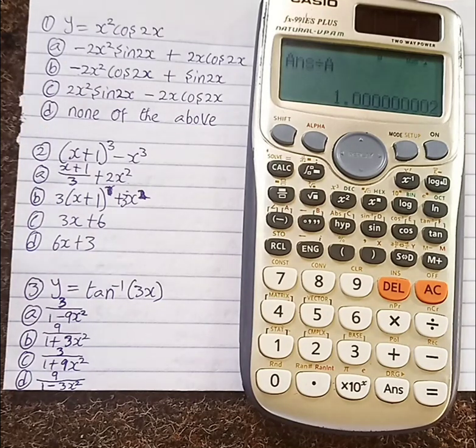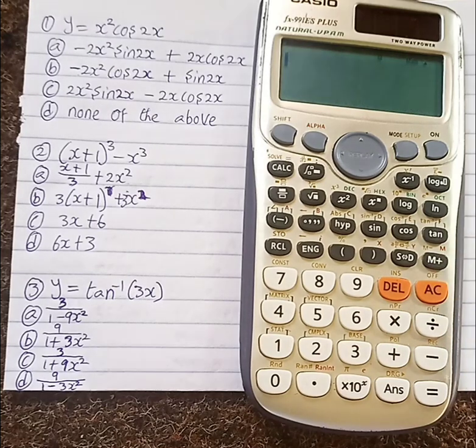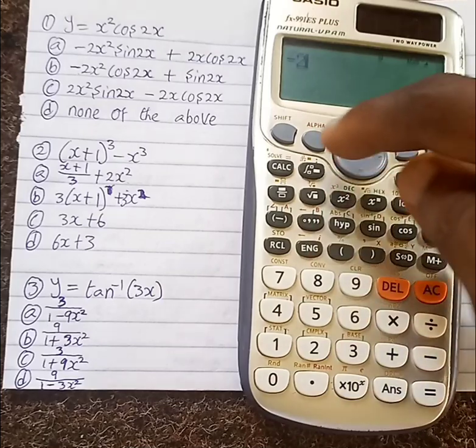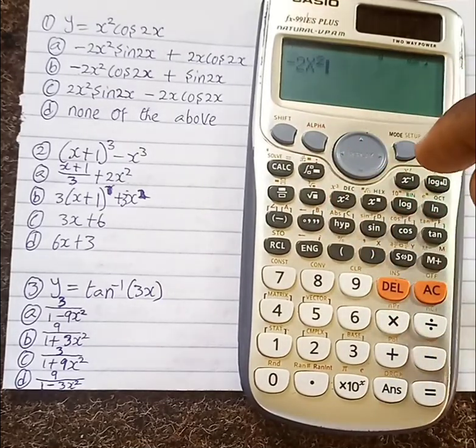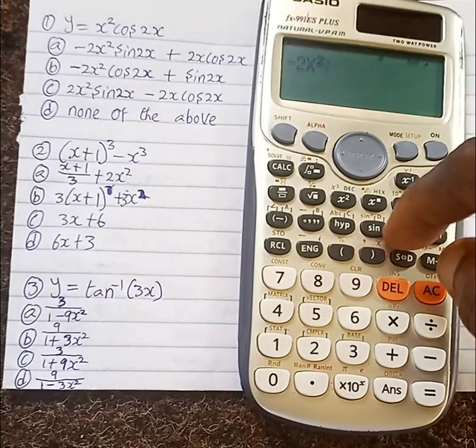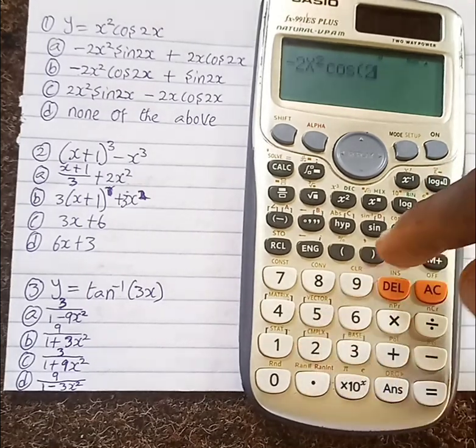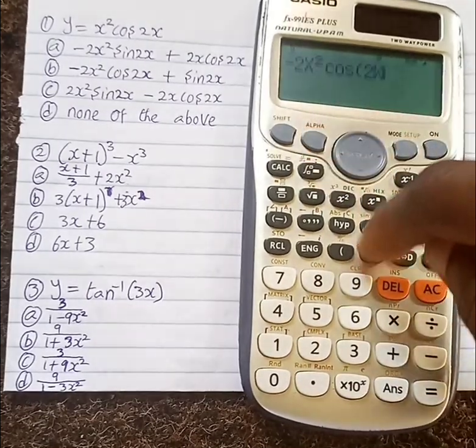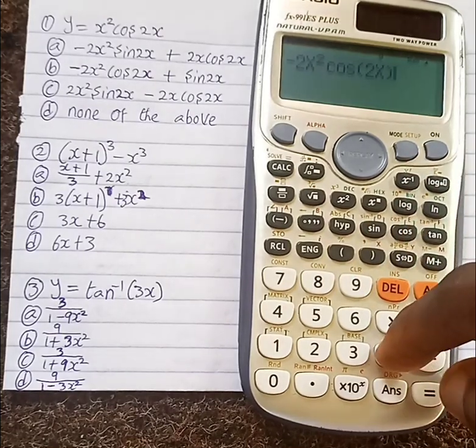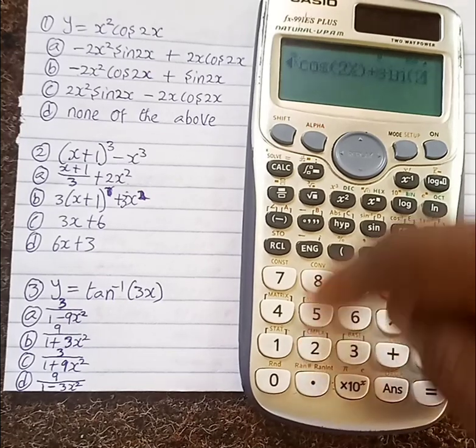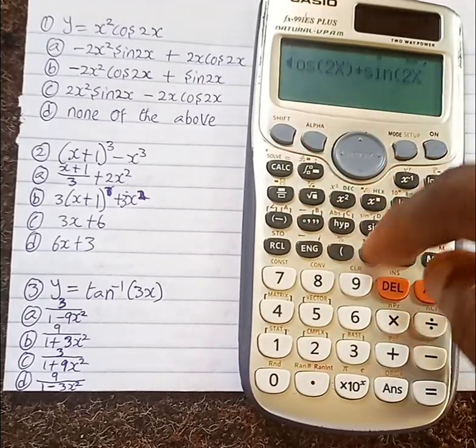But let's try the other options and see. Now option B is minus 2x squared cos 2x, close the bracket, plus sine 2x.